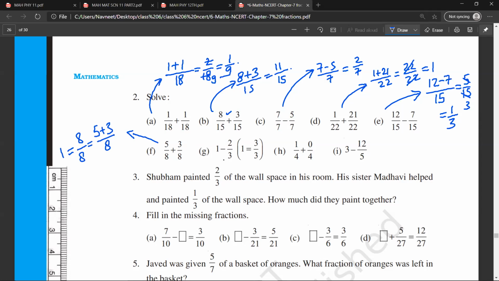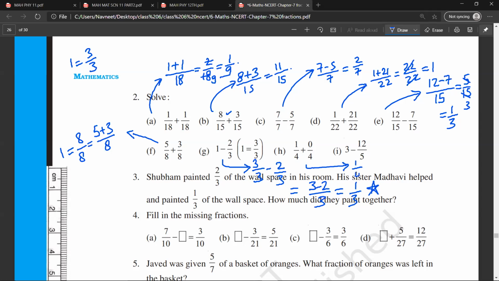Okay. This would be equal to? 1 by 3. So I can write 1 as 3 by 3. So this would be equal to 3 by 3 minus 2 by 3, which is 3 minus 2 upon 3, equal to 1 upon 3. Very nice. This would be equal to? 1 by 4.